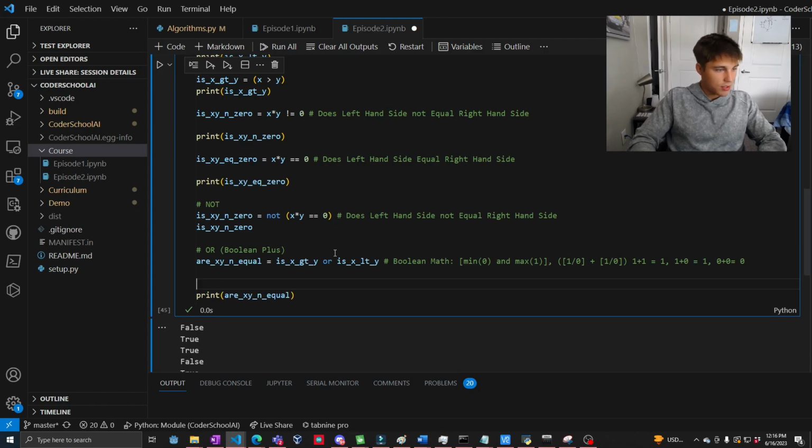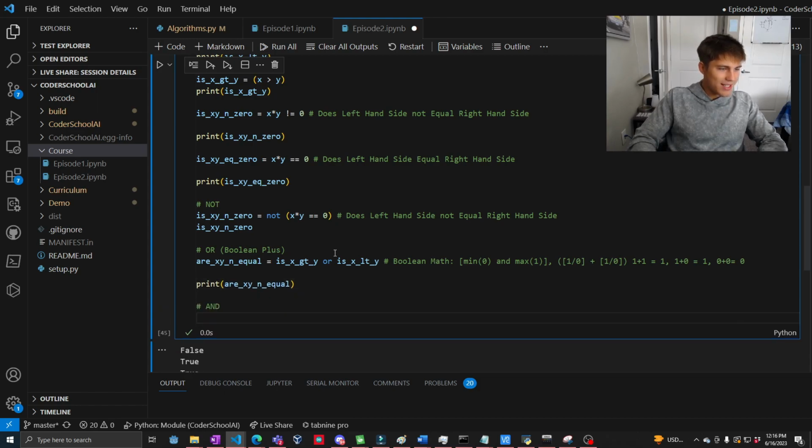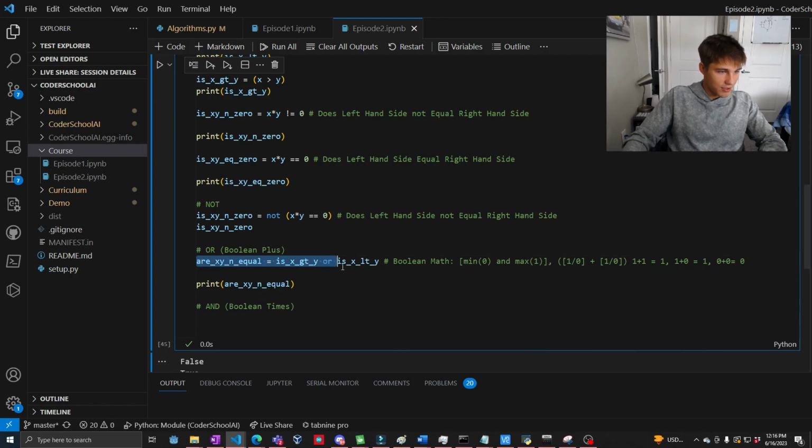Let me just move this. What is and? Well, you could think of and as Boolean times, right? Let's just copy this expression and show it.